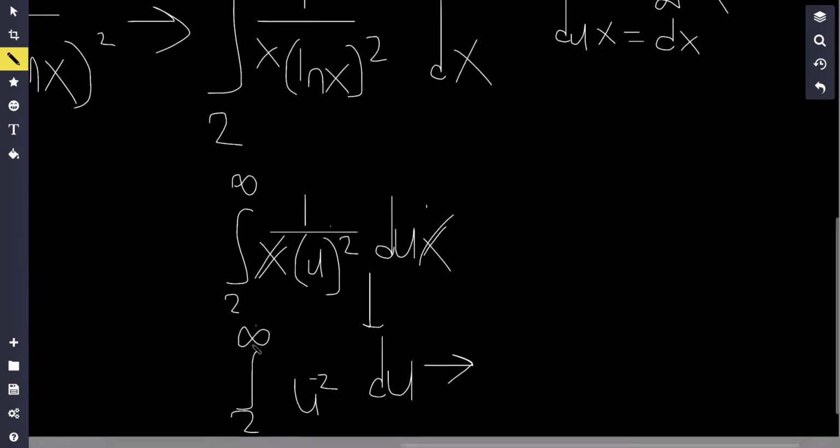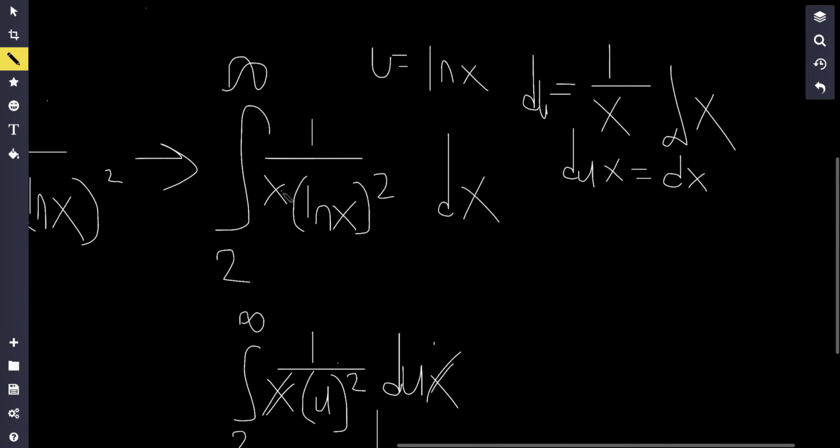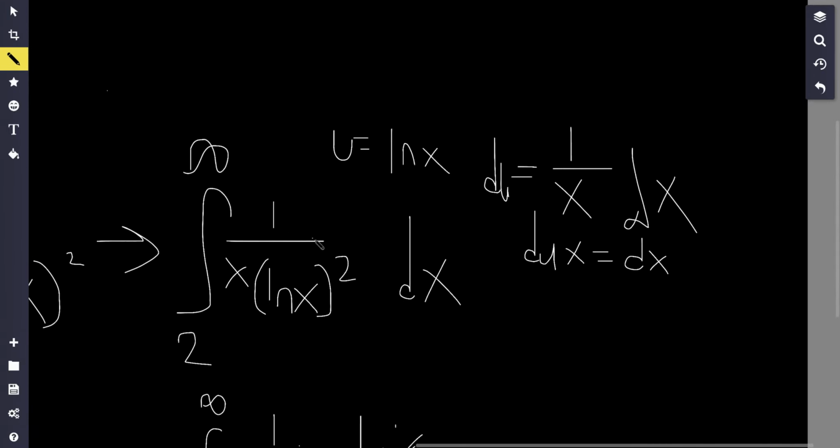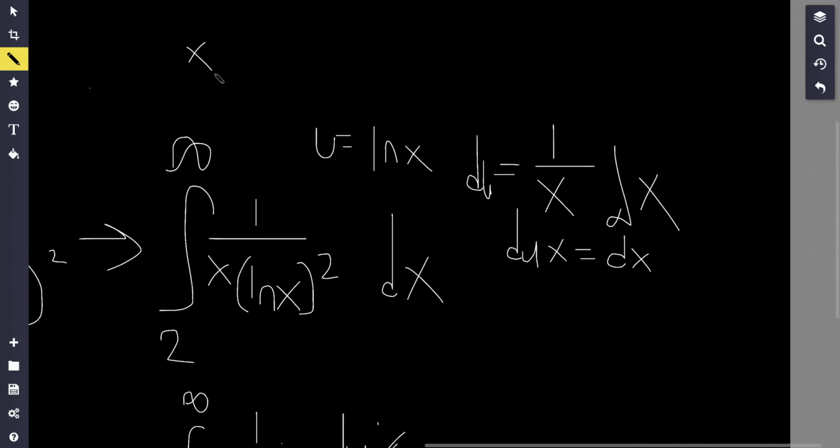So look, originally we had x going from 2 to infinity. All right. And now we have u, and we want to know the bounds of u. We want to know where it goes to. The top and the bottom. Now, as our x value approaches 2, u is going to approach ln of 2, right? Because u is equal to ln of x.